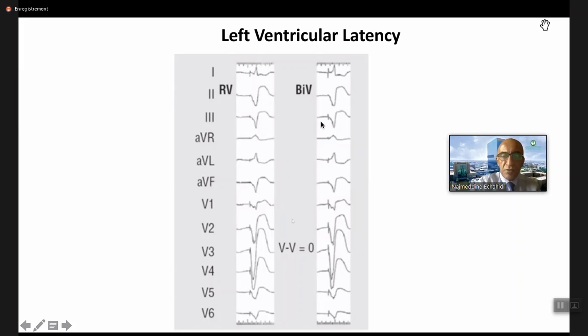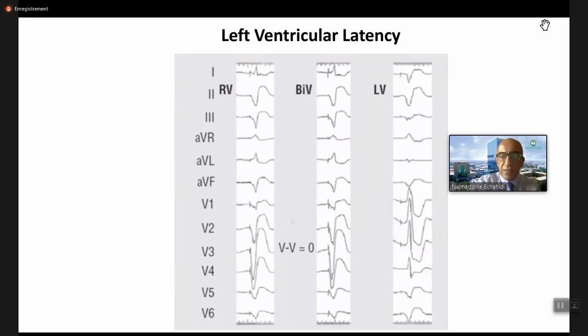The morphology is the same. It means that the left ventricle is not captured, even if the device is telling you that the therapy is delivered 100% of the time. This is the reason why we now try to pace the left ventricle only. And you see it's capturing.